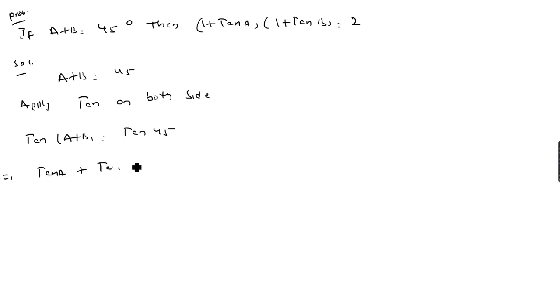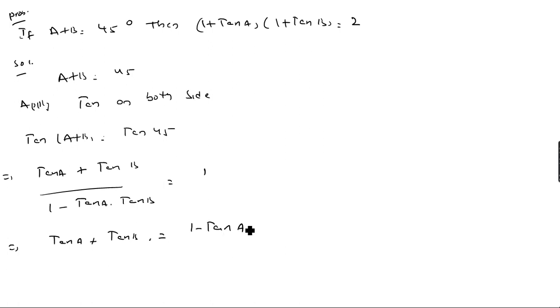Tan a plus tan b by 1 minus tan a into tan b is equal to tan 45. The value of tan 45 equals 1. So therefore tan a plus tan b equals 1 into 1 minus tan a into tan b.